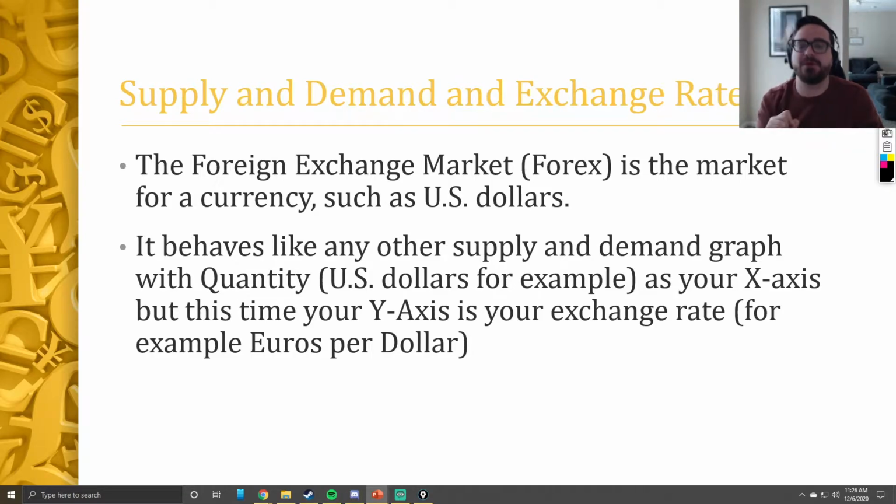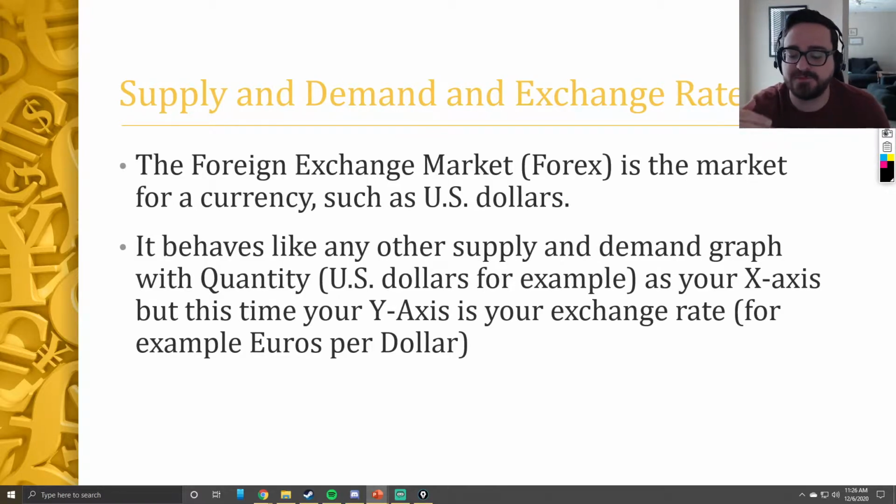The foreign exchange market graph, not the thing itself, is a graph with a quantity and a price. The quantity is the quantity of the currency we are talking about. So this is a graph where your axes are not going to be the most consistent. You'll have quantity of US dollars if we're talking about the Forex market for dollars.